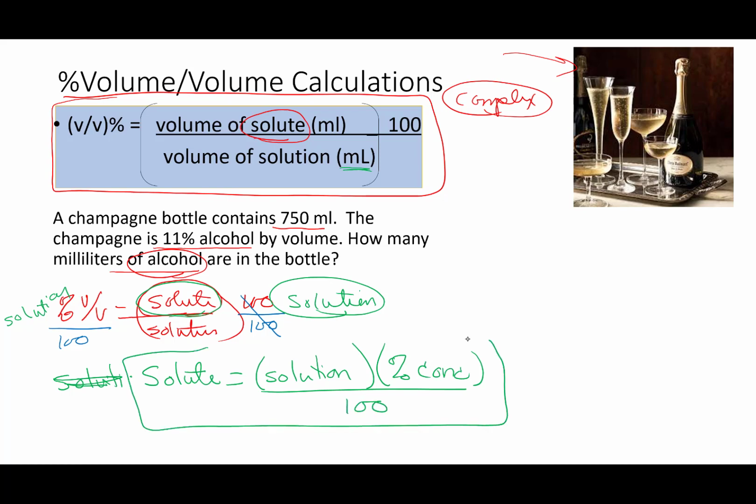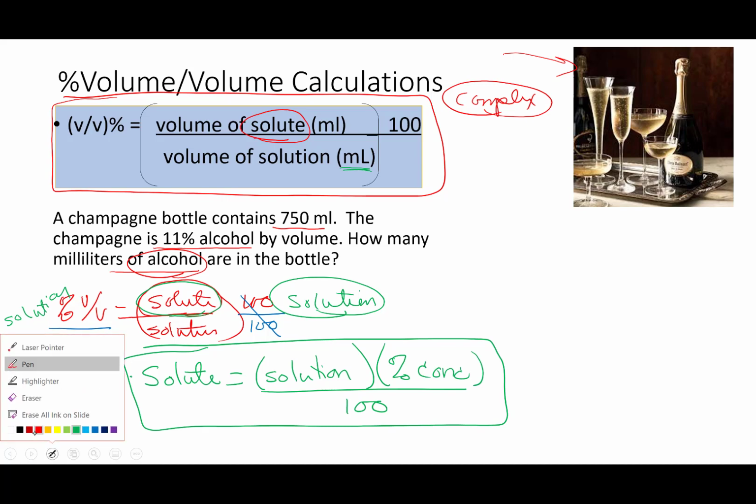So if you are faced with a calculation like this, and you will be on the study guide, on the quiz, you can use this equation. So now that we have this equation, let's go back and let's use it. So I want to know my solute, how much alcohol I have.